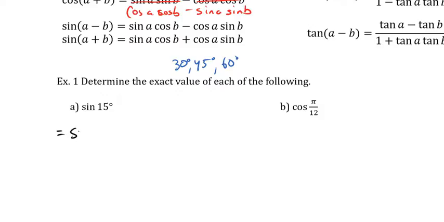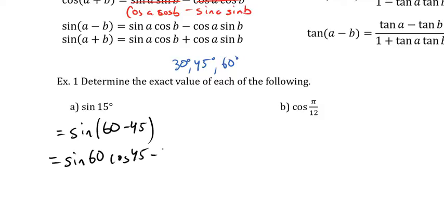So equals sine of 60 minus 45, which equals, using sine A minus B, sine of 60 cos 45 minus cos 60 sine 45.